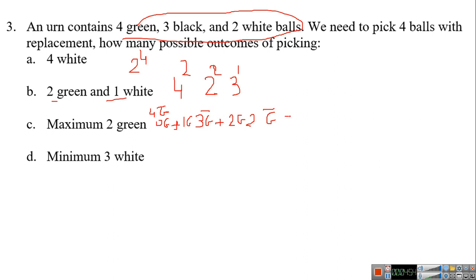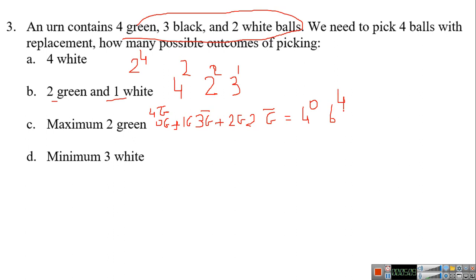In counting, "or" means plus. So how do we solve it? Because with replacement it's a P-list, I want a maximum of 2 green. For 0 green, it's 4 power 0, and the 4 balls I need to pick are either black or white. How many black and white do I have? 6.